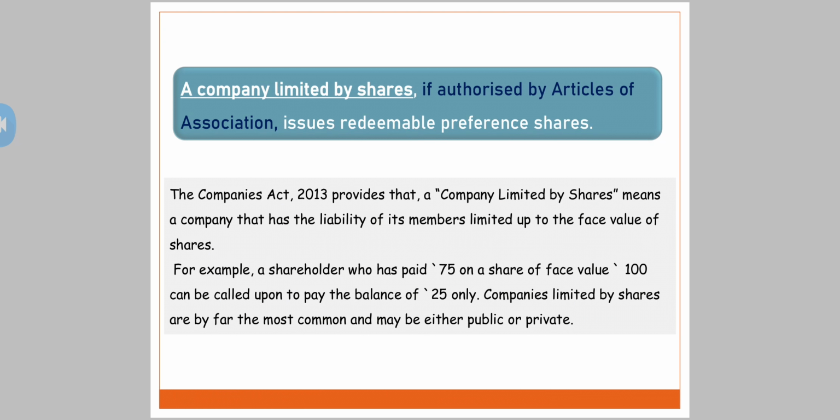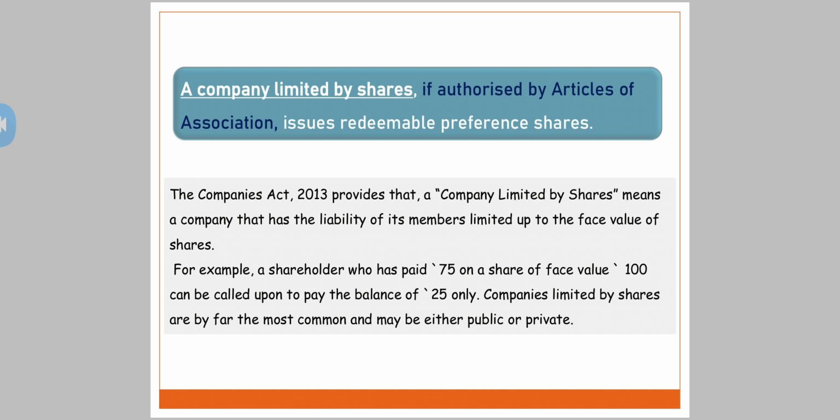A company limited by shares, if authorized by the Articles of Association, issues redeemable preference shares. A company limited by shares, we have done this in 11th standard under types of companies. The Companies Act 2013 provides that a company limited by shares means a company that has the liability of its members limited up to the face value of shares.